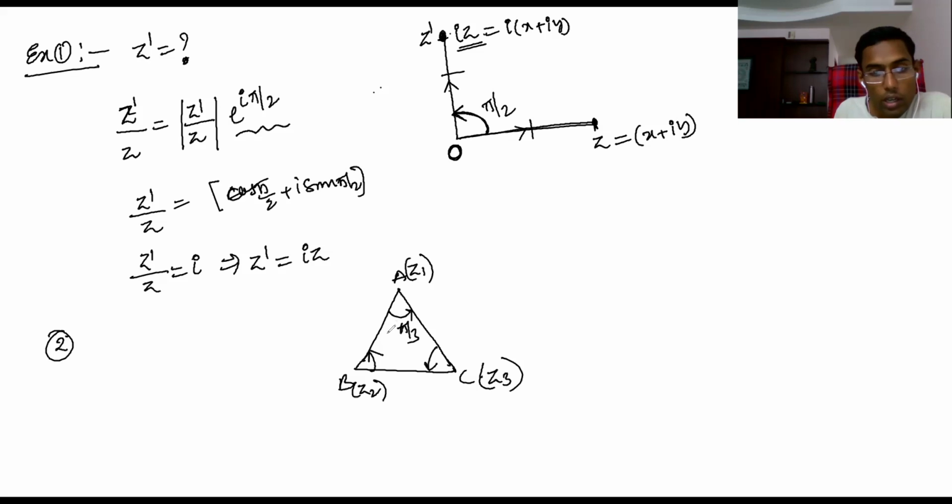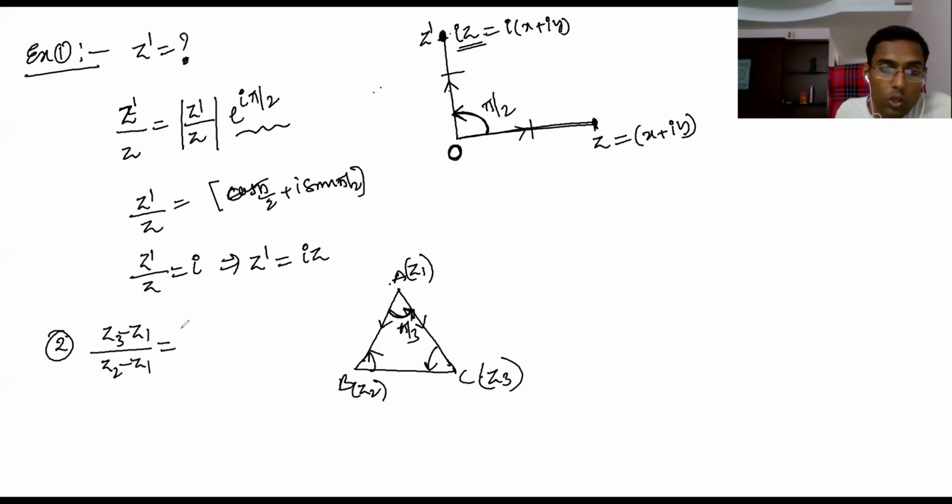Now, according to our definition, if I take this as the final vector and this as the initial vector, moving in the anti-clockwise direction, the final vector is AC, that is Z3 minus Z1, divided by the initial vector Z2 minus Z1.